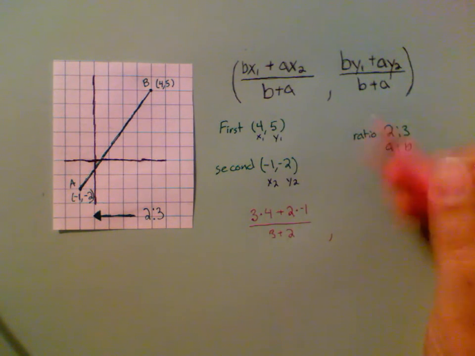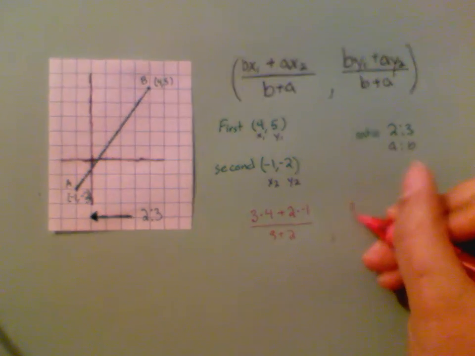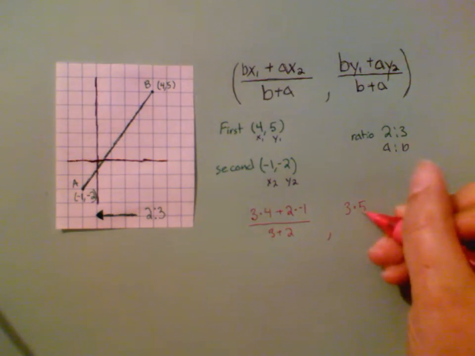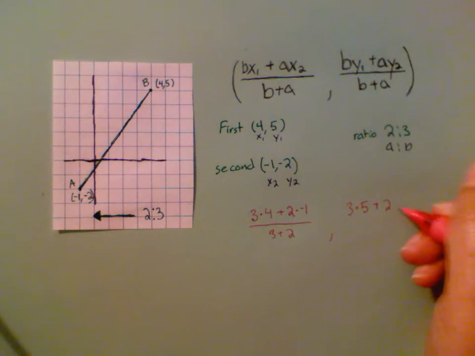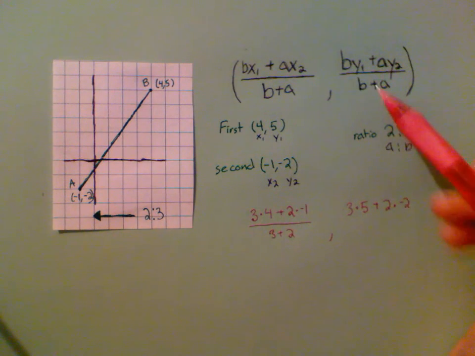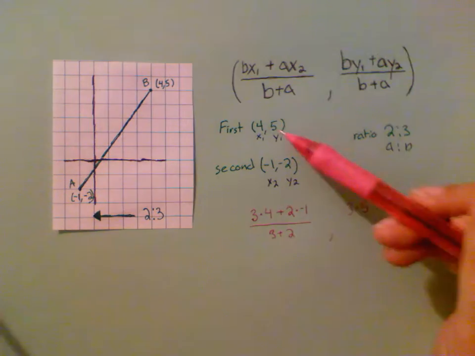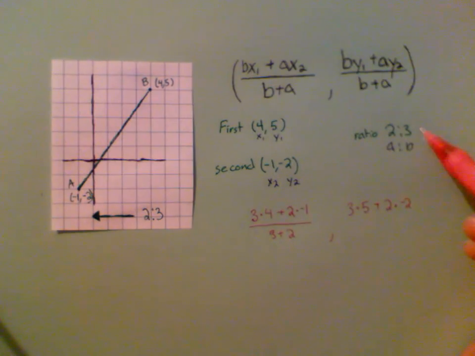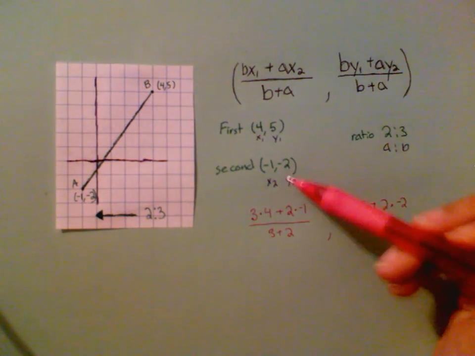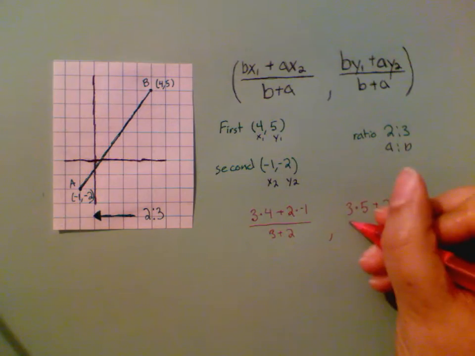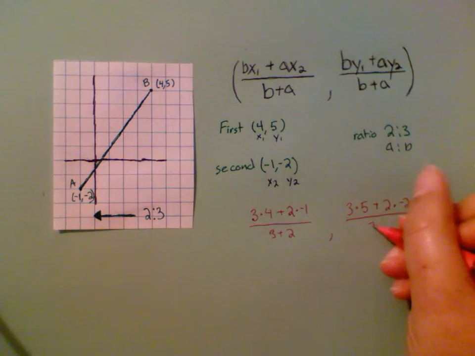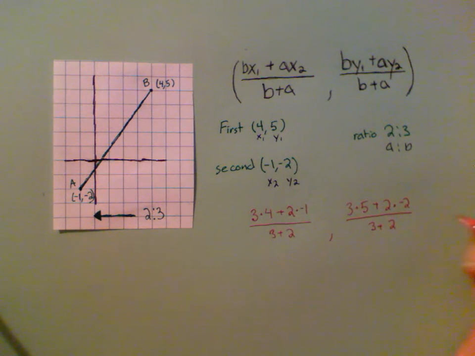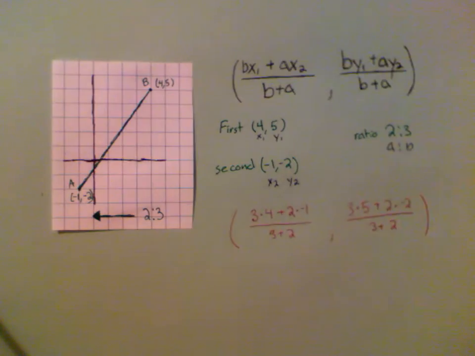And then for your y's, 3 times 5 plus 2 times -2. And again, that's just 3 for b, and then 5 for y sub 1. And the same thing here, we're just substituting in over 3 plus 2. Okay, so that's my substitution step.